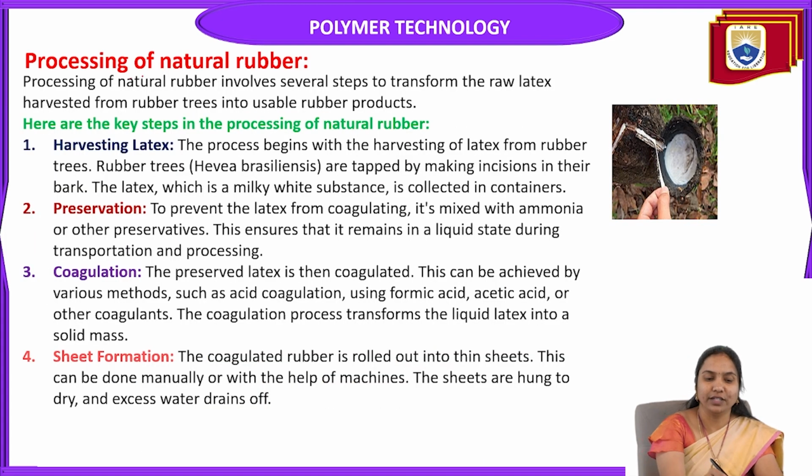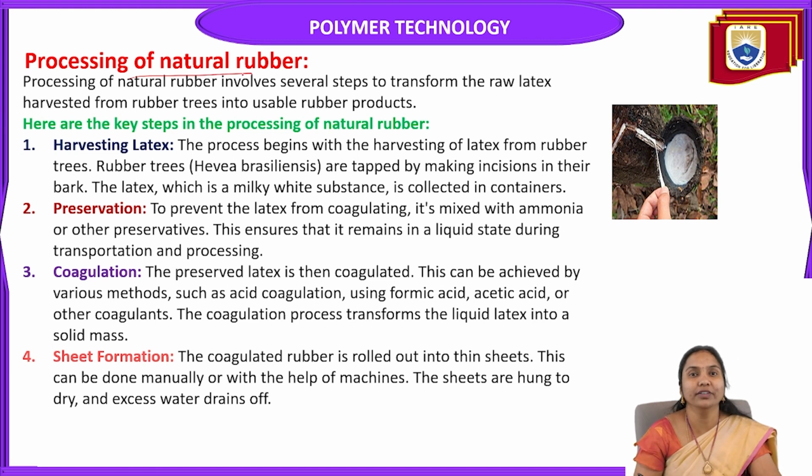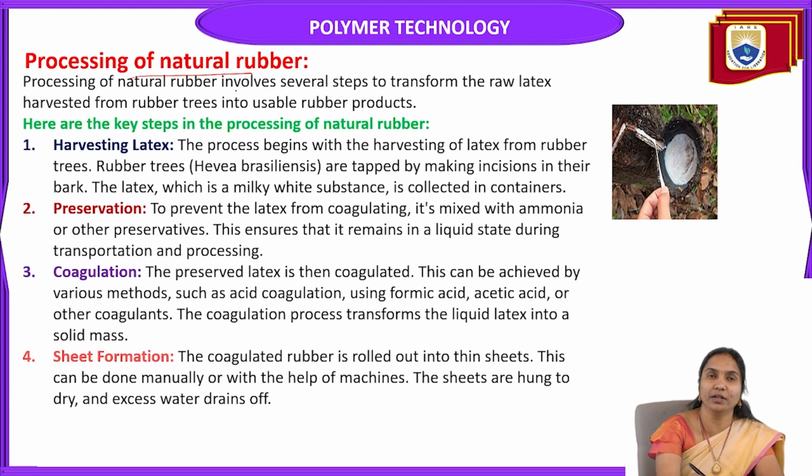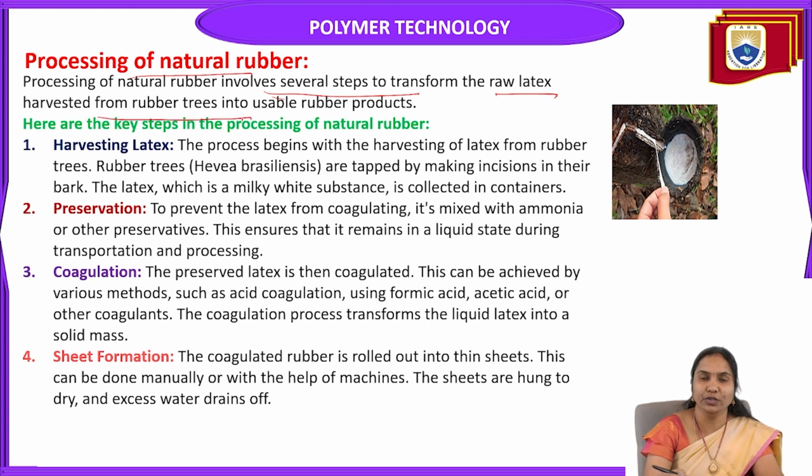Now, processing of natural rubber. Processing of natural rubber involves several steps to transform the raw latex harvested from rubber trees into usable rubber products.